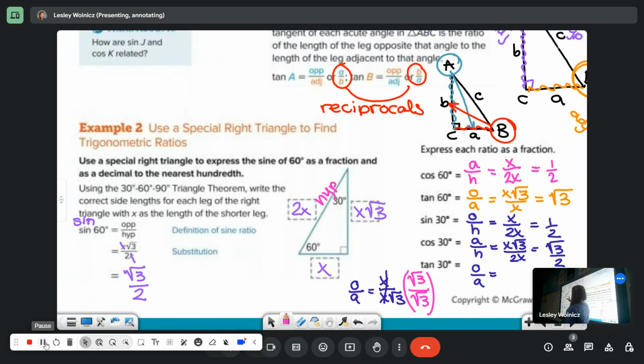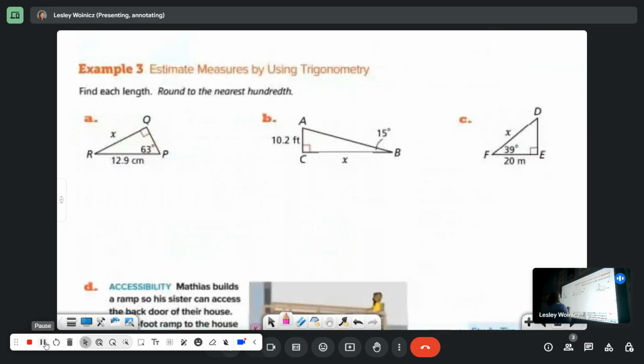No matter how long the sides are, the cosine for a 60-degree angle will always be this ratio, because it simplifies to this every single time. So any angle that you put into your calculator knows what the ratios are for that angle because of similar triangles, okay? So we can use that fact to solve for unknown values in these cute little right triangles.